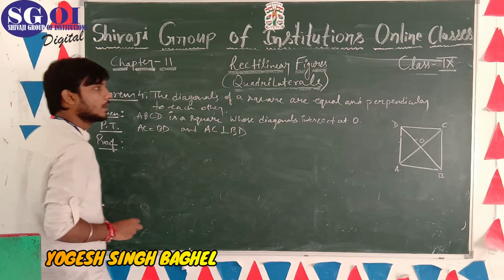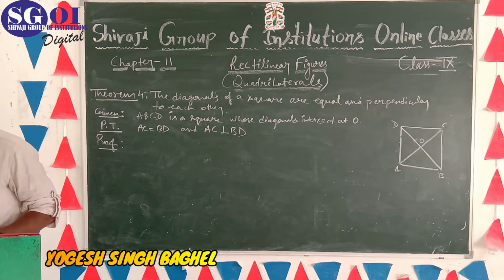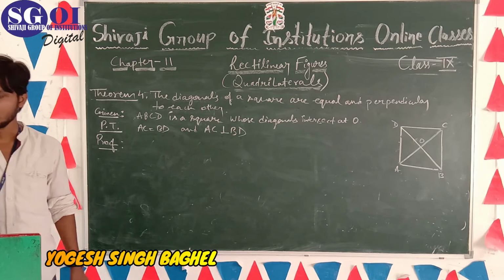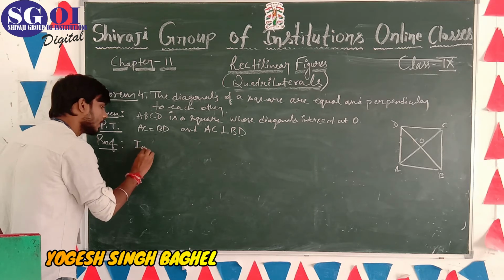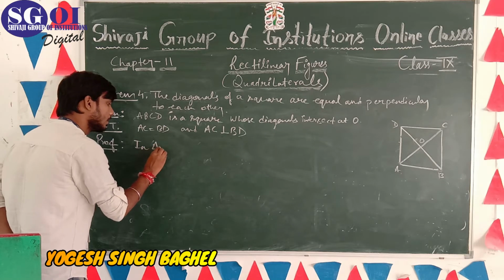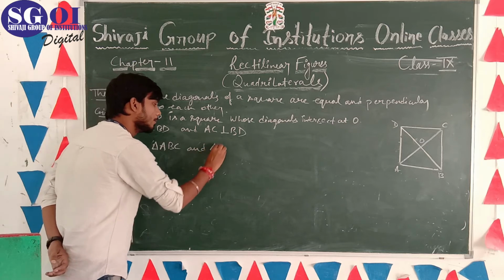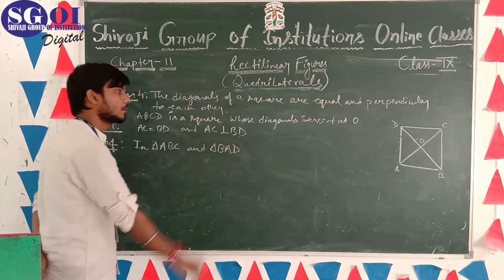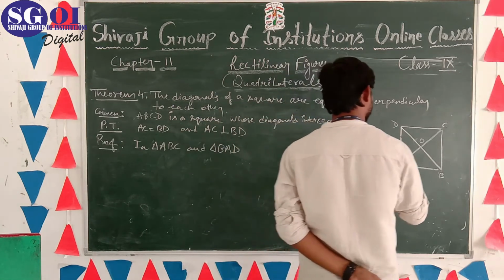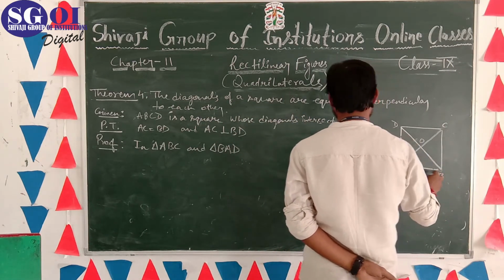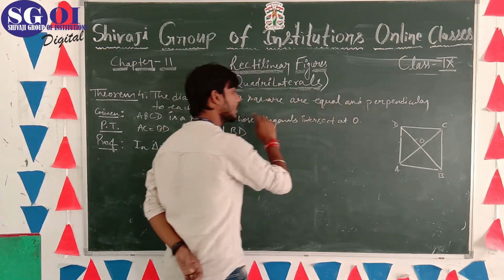See, now we take triangle ABC and triangle BAD. In triangle ABC and triangle BAD, we will take these 2 triangles ABC and BAD because we have to prove equal diagonals.